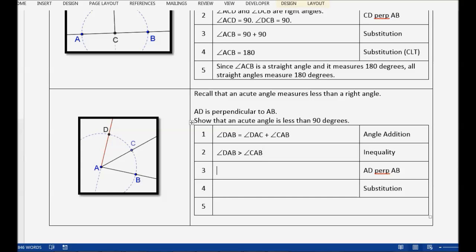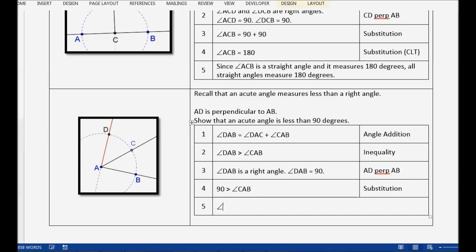Now we need to identify the result of this perpendicular. We're looking at angle DAB, and we need to identify what kind of angle it is. Angle DAB is a right angle. So angle DAB is equal to 90 degrees. Then by substitution, 90 is greater than angle CAB.